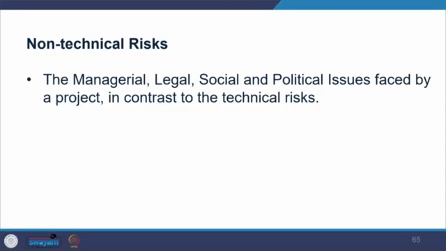So this document highlights that. Then this document also talks about non-technical risk. This relates to managerial, legal, social and political issues faced by the project, in contrast to technical risk like physical, structural, engineering or environmental risk. So it talks about all non-technical risks like legal, social and political issues.